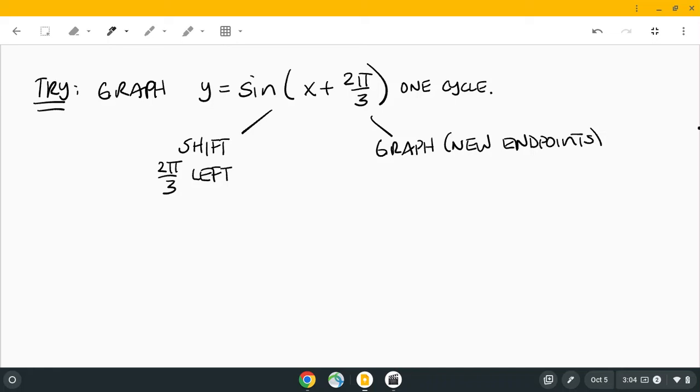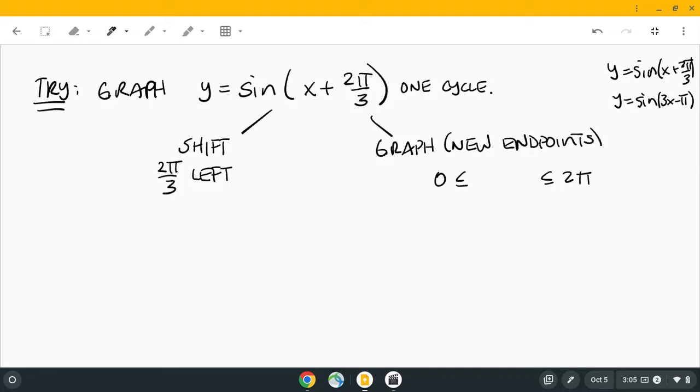So we looked at setting this between 0 and 2 pi back when you had like y equals sine 3x, right? And we just put the 3x in between there and solve for our new endpoints. And now we're looking at it with x plus some number like 2 pi over 3. You just put that in between. And in the next units, when it becomes even more complicated, like maybe 3x minus pi, the process is still the same.